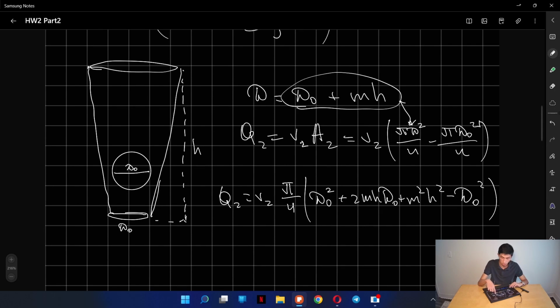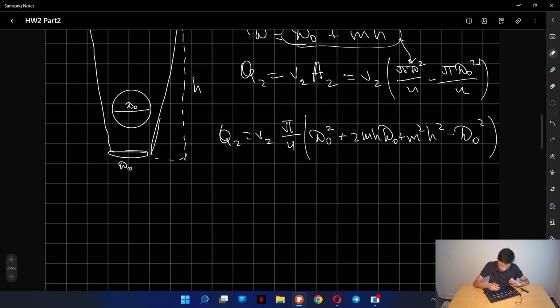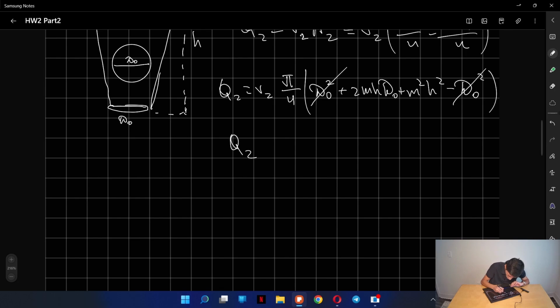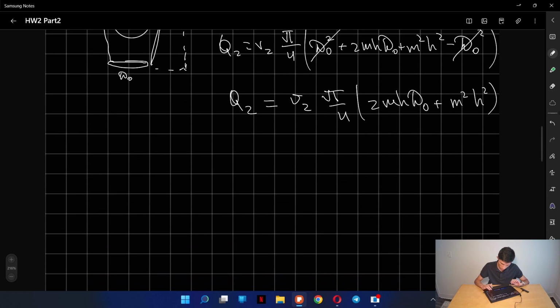Because I plugged in the diameter equation back into my equation, I had to take the square of it. So I can see some simplifications happening here. The d0 squared terms, the diameters of the ball squared, are going to cancel each other out, and now the equation I have is Q2, the flow rate at point 2, equal to velocity at point 2 times pi over 4 times 2mhd0 plus m squared h squared, right?